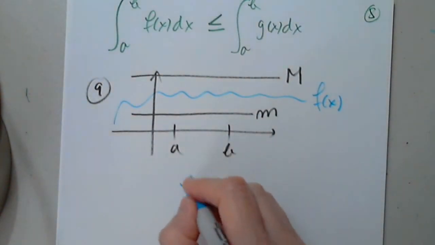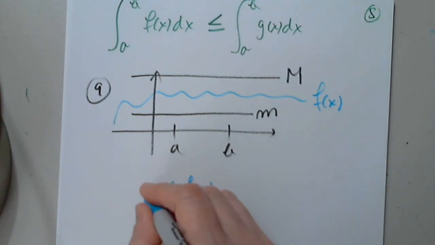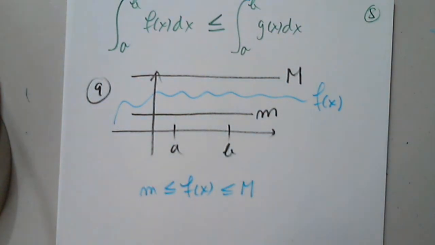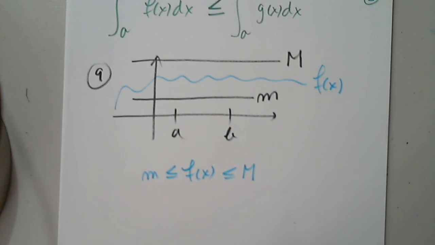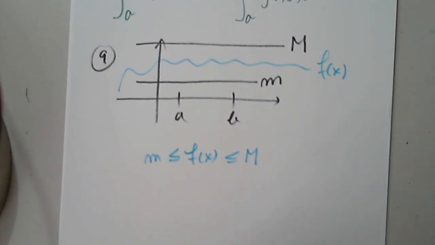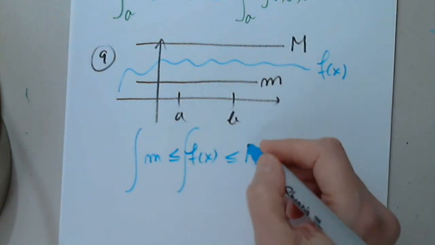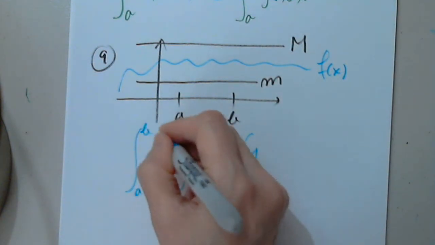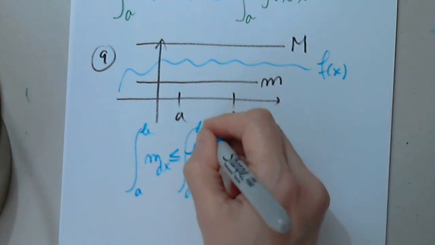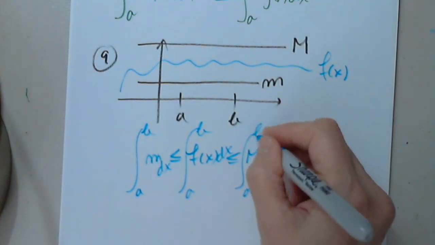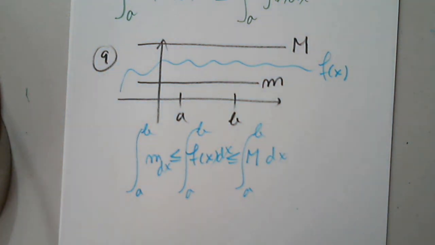Would you agree that f of x is between lower m and upper M? Yes, on the given interval, of course. Well, then you will have to agree with this: the integral from a to b dx, a to b dx, a to b dx. Would you agree with that? It's based on the previous property, basically.